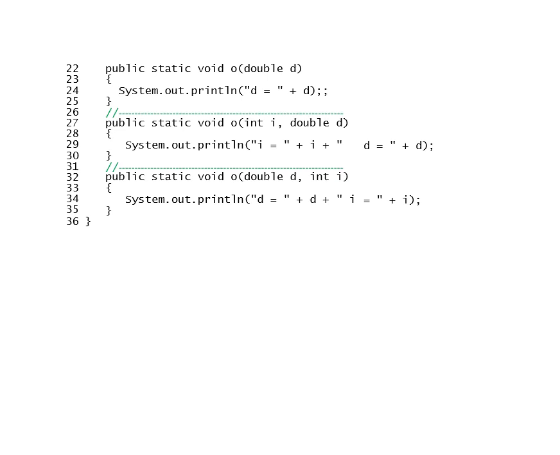And then this last one on line 32, that's the one that's going to be called by the method call that has a double argument and an int argument following that, because that matches these two parameters.